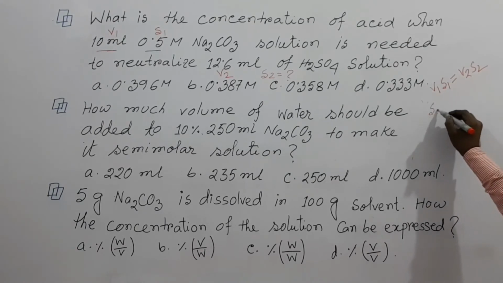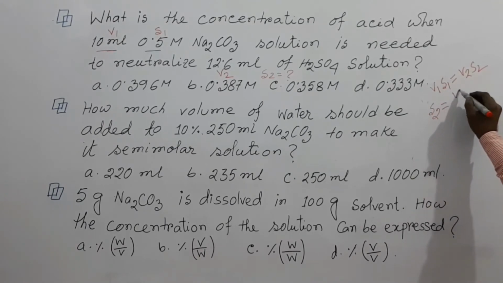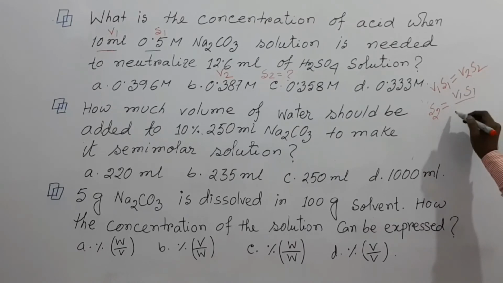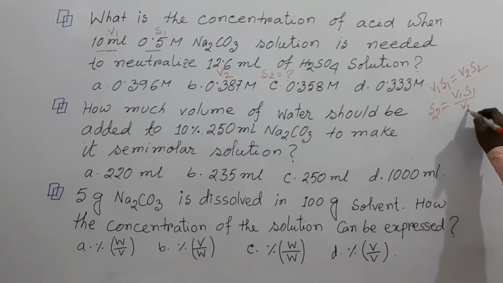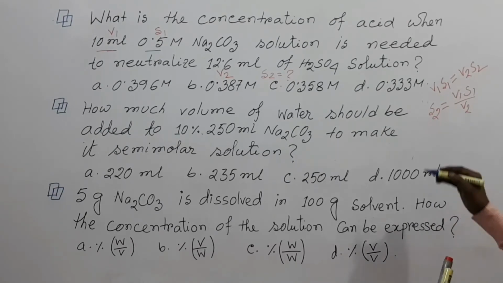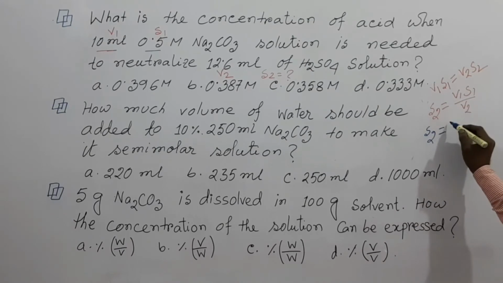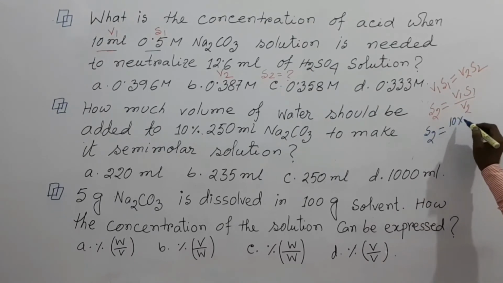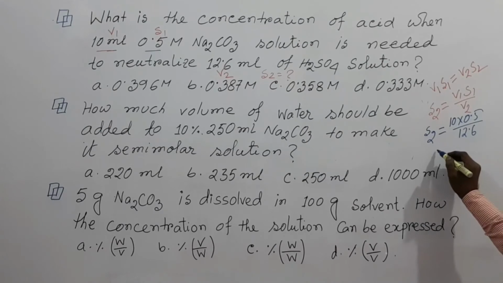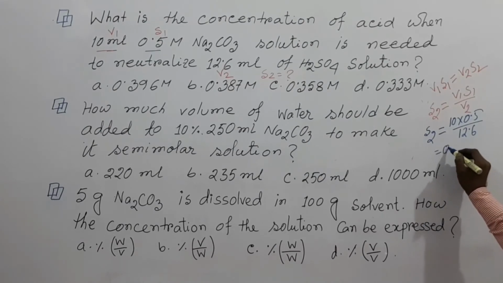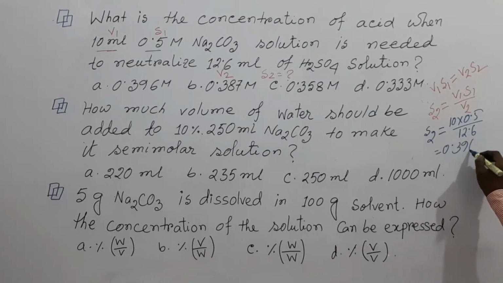So my dear students, we know that V1 S1 equal to V2 S2. So S2 equal to V1 S1 divided by V2, and here we get S2 equal to V1 equal to 10 into S1 equal to 0.5 divided by volume V2 equal to 12.6, and the answer is 0.396.